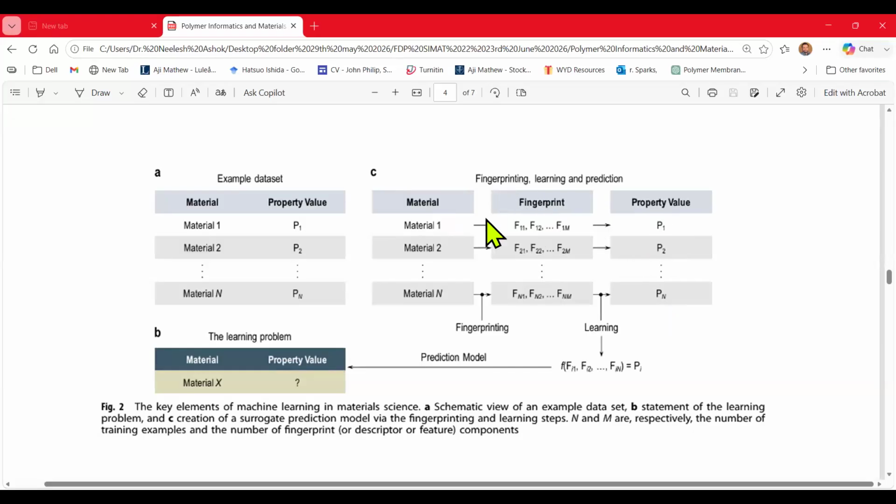Here the fingerprint is basically the conversion of the material's normal attributes, like thermal, physical, chemical, and mechanical properties, into a machine-readable form, F11, F12, etc., in the form of a vector, right? So here the maths comes into the picture. If you want to go deeper, you can note these down: linear algebra, support vector machine, singular value decomposition, alternating direction method of multipliers, optimization techniques, probability, Markov chain model.